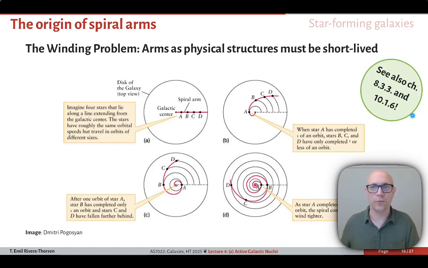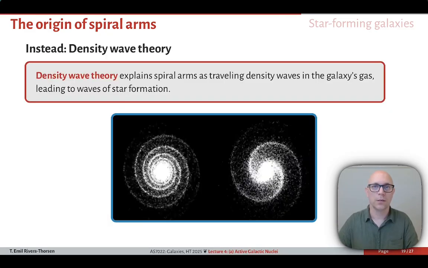There's more that you can read about this winding problem in chapters 8.3.3 and 10.1.6 in the course book. This winding problem was something that people found out quite early on, back in the 1940s, 1950s, if I don't misremember, so people needed to come up with a different explanation.